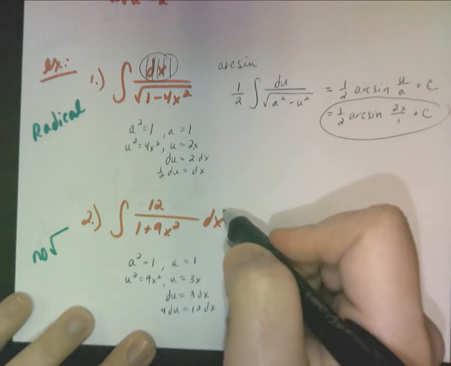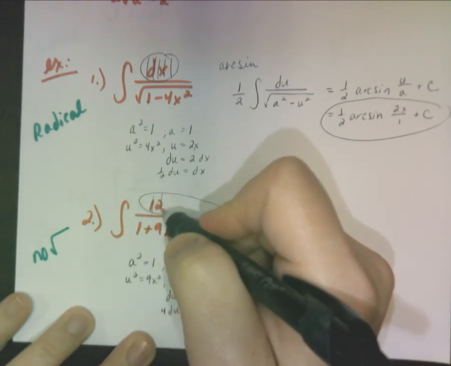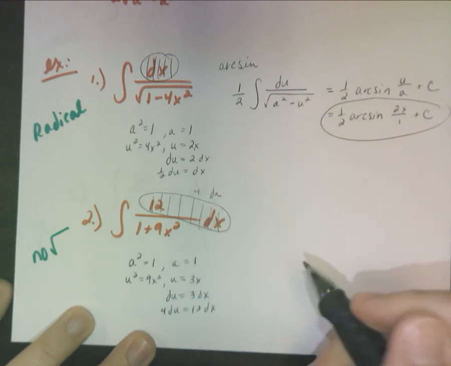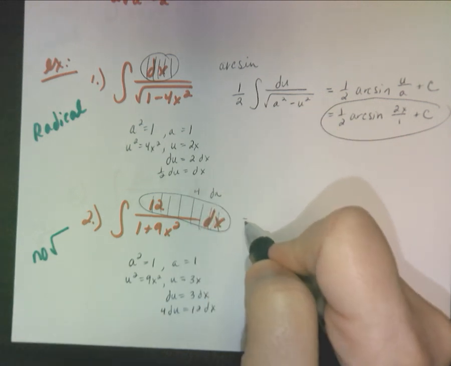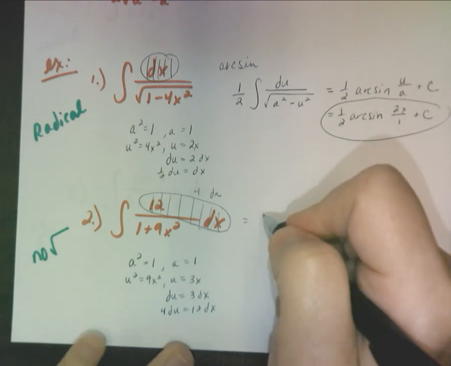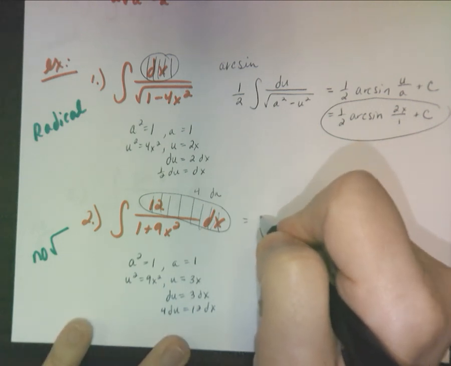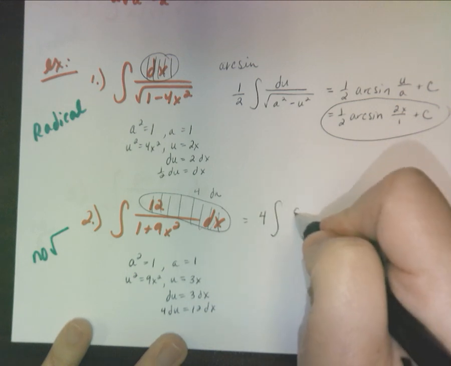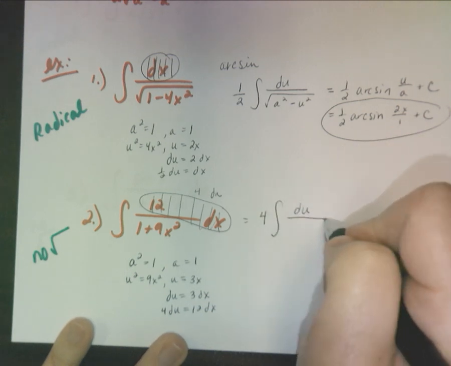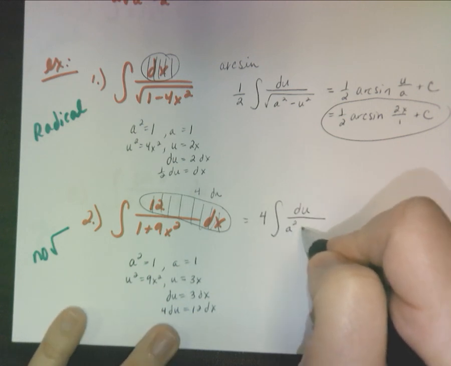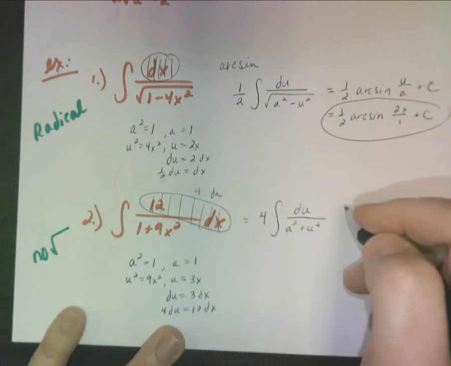So this right here is equivalent to 4 DUs. So when I go to rewrite this, I would have the 4 pulled out, du, over my a squared plus my u squared.